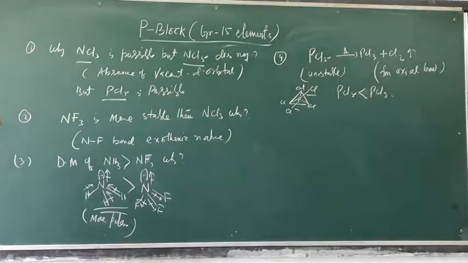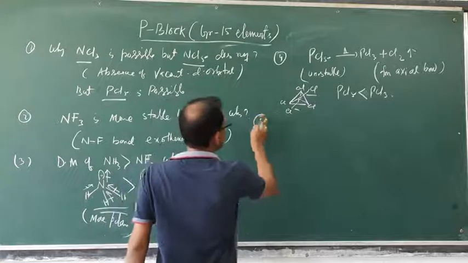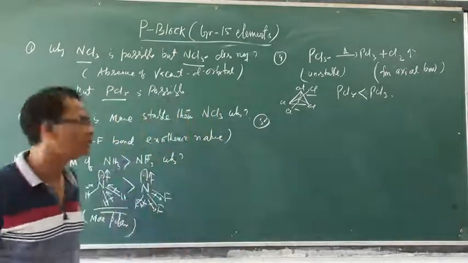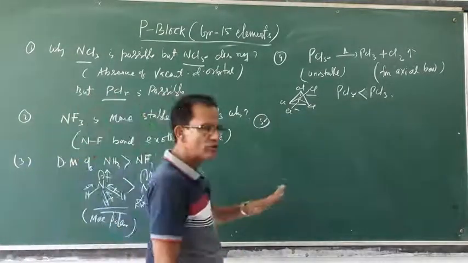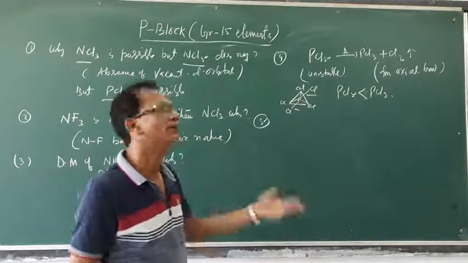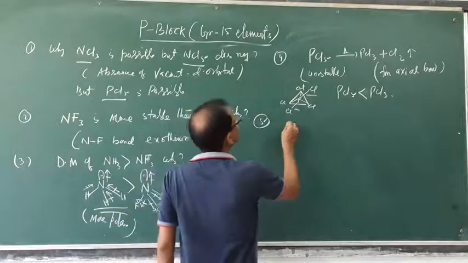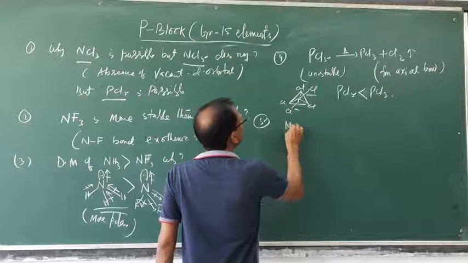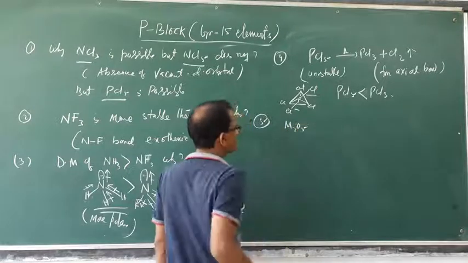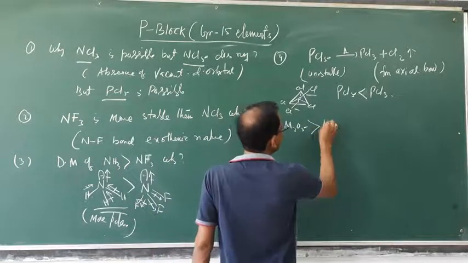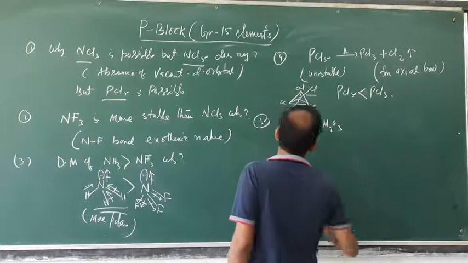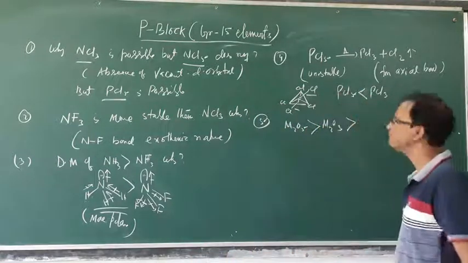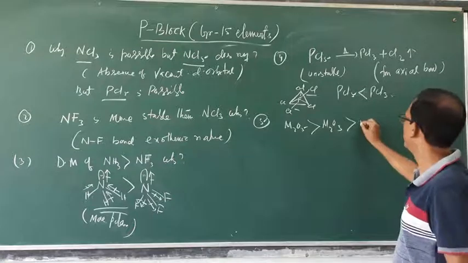Then another important thing is regarding the acidic character of oxides. The greater the oxygen content, the greater the acidic character. That means M2O5 is more acidic than M2O3, which is more acidic than which one? MO.